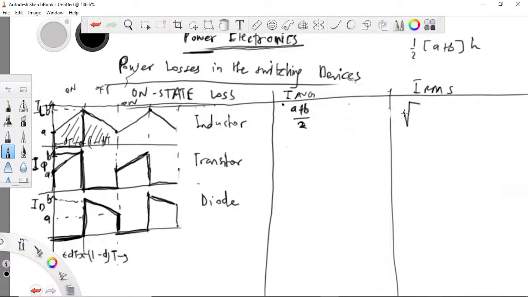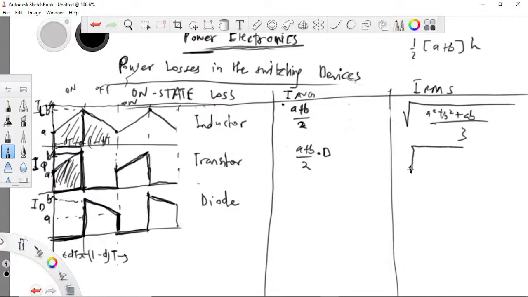RMS current is given by the square root of (A squared plus B squared plus AB) all over 3. Now for the transistor, we are using the area on this side, so it's given by (A plus B) over 2 times D, since it is on for dT.